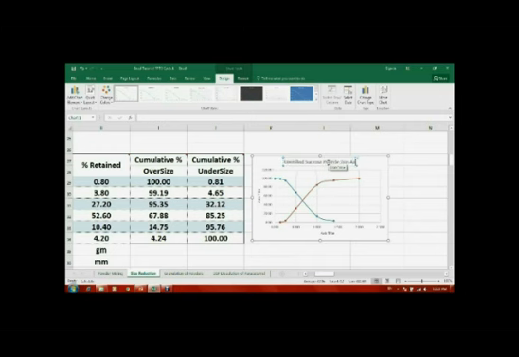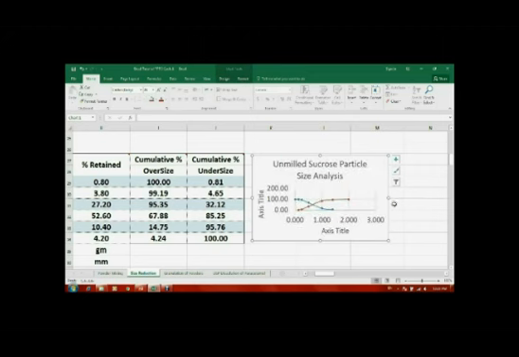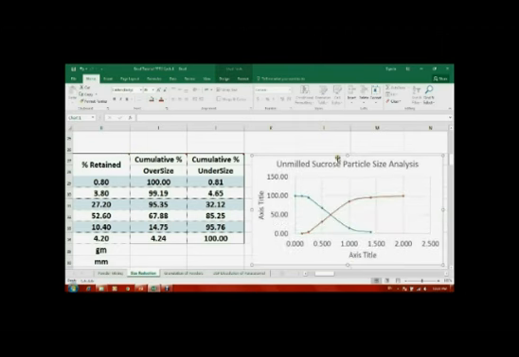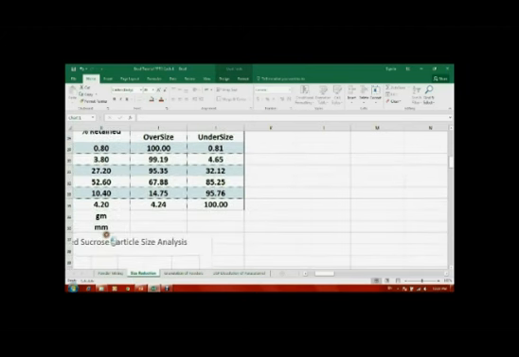The two curves should have their intersection point, or a cross point, at 50% cumulative percent as the y-coordinate, and this represents the 50th percentile.